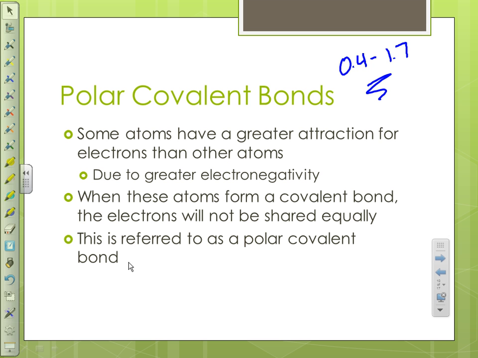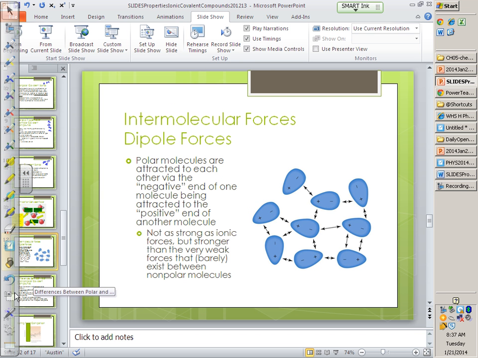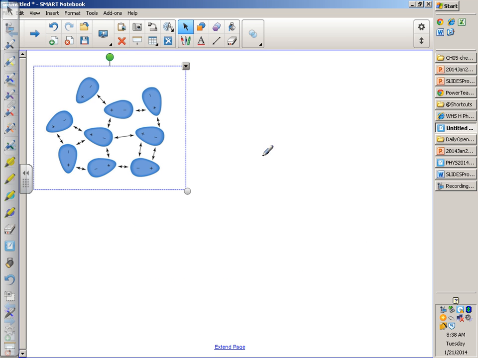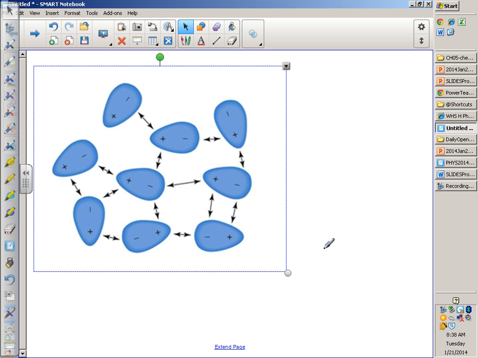For example, we get a picture that starts looking kind of like this. Notice, first we have these funny shapes, where one side is bigger than the other side.